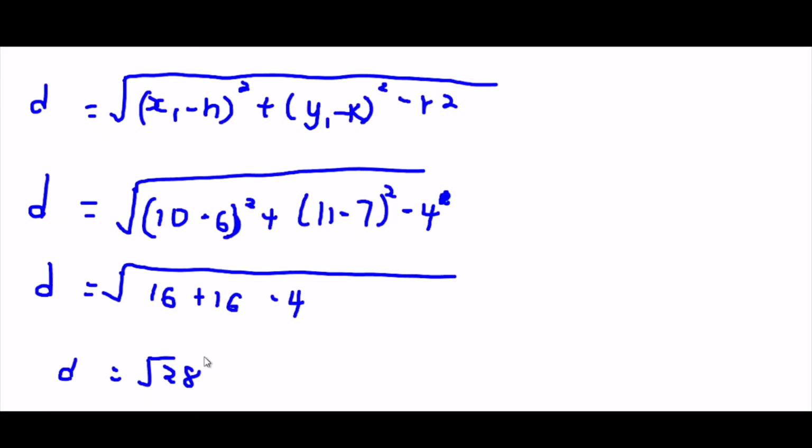So the square root of 28 is 5.292, so that's the length of a tangent from that point.